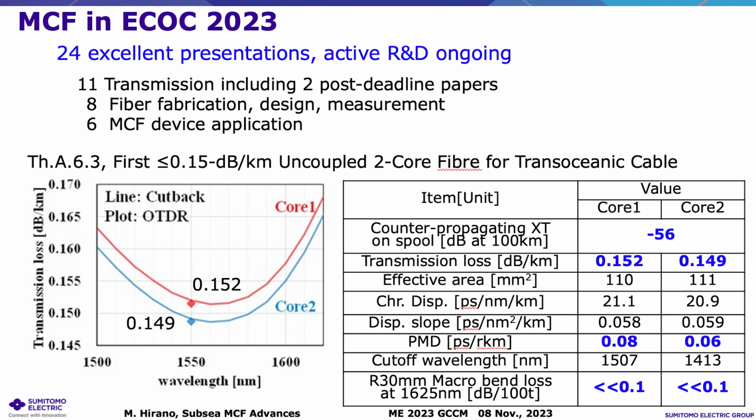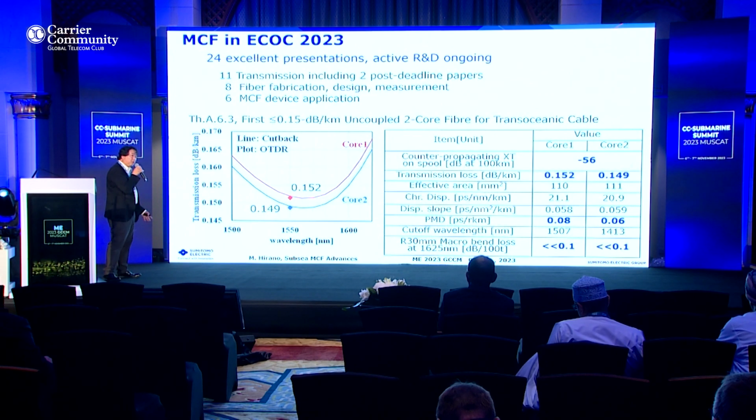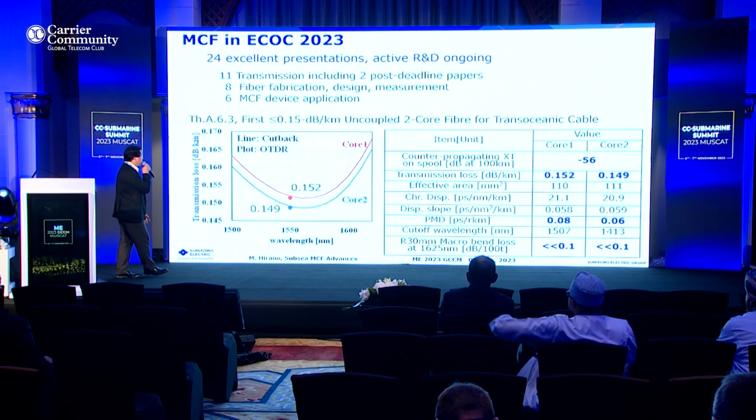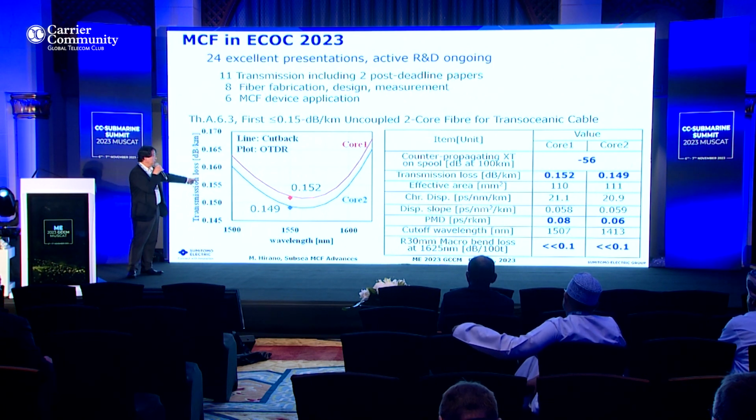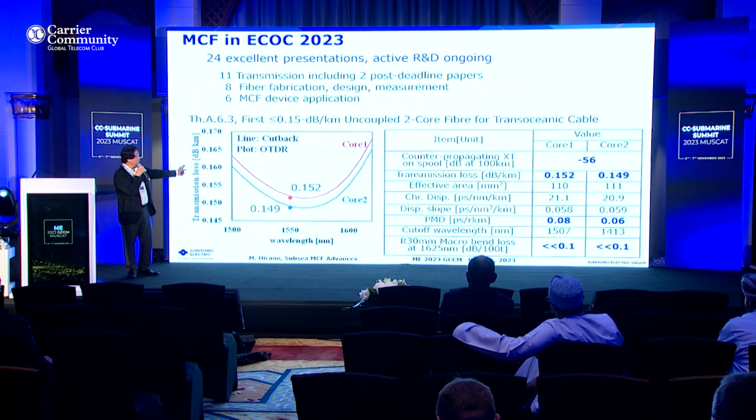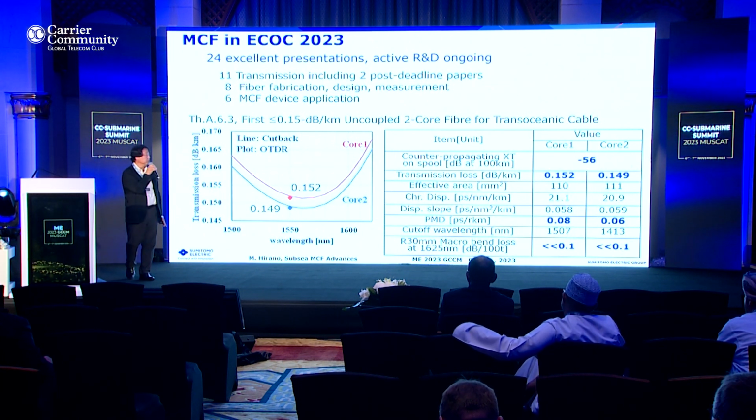And if you see the loss spectrum, this is very beautiful, because we measured this fiber with more than 40, 50 kilometer straight length. This applied the mass production technology. Sometimes the measurement is not very easy, but compared to the OTDR method, yes, this is equivalent. So this attenuation is real attenuation.